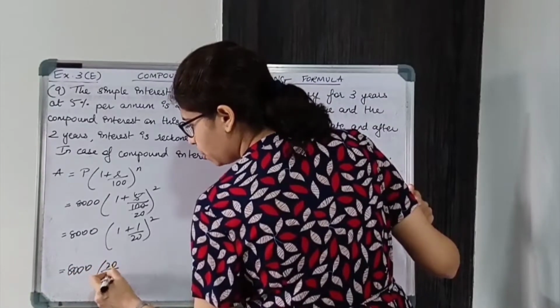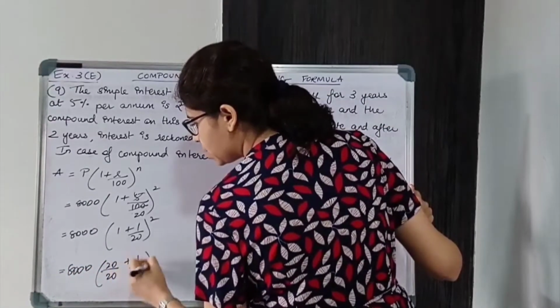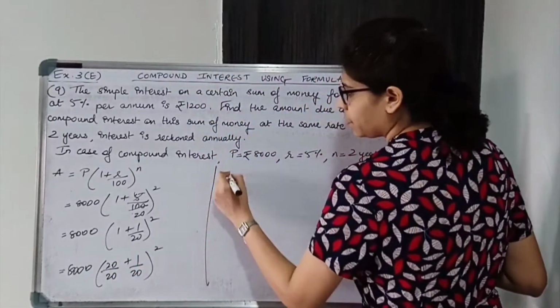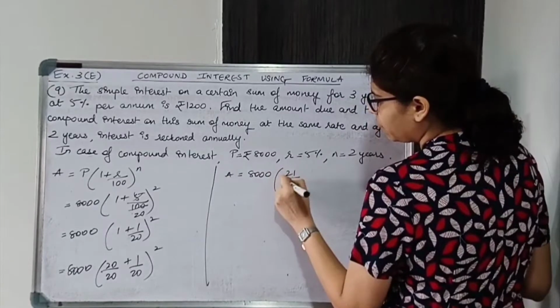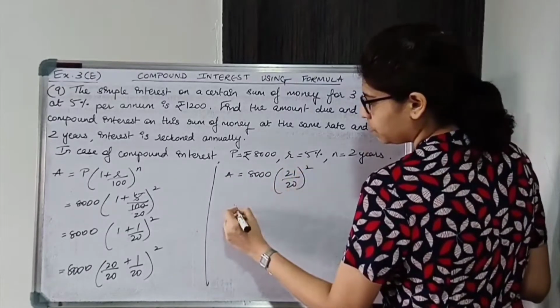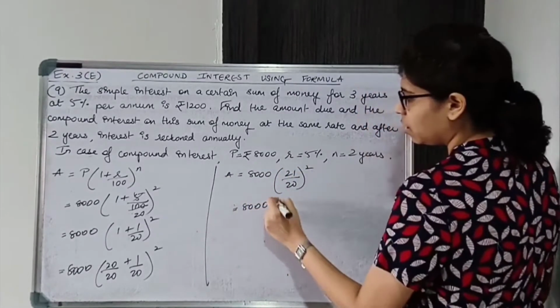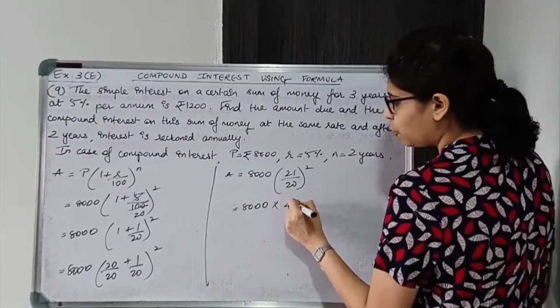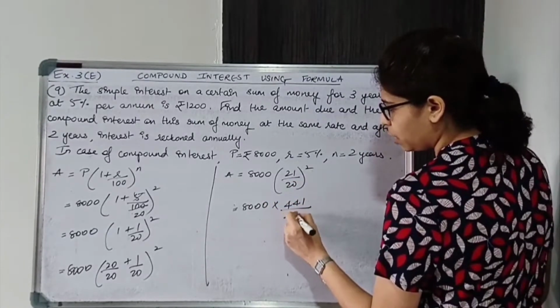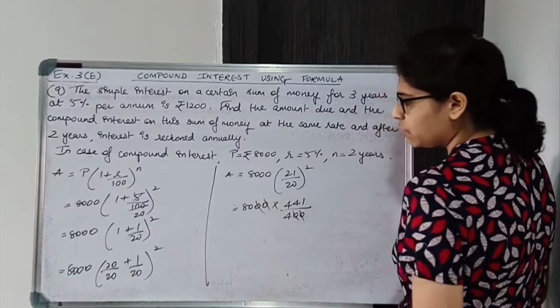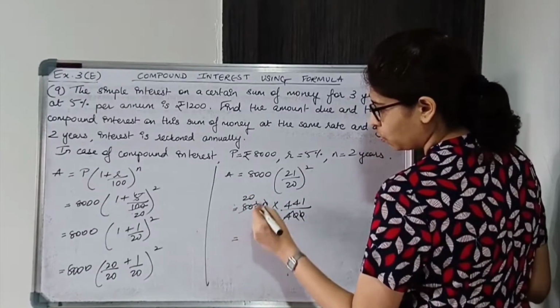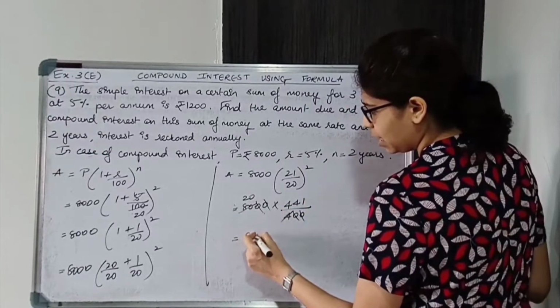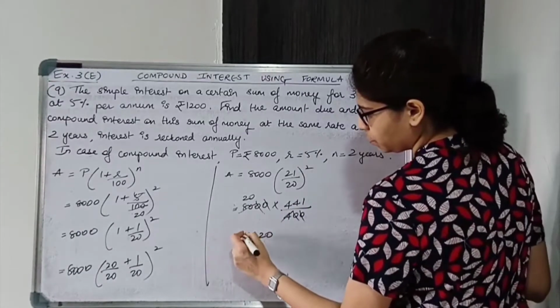So 20 upon 20 plus 1 upon 20 raised to 2. So A is equal to 8000 into 21 upon 20 raised to 2. So that gives 8000 into 21 square is 441 and 20 square is 400. Zeros will get cancelled, 4 2s are 8 and zeros. So 20 into 441, that gives 8820.